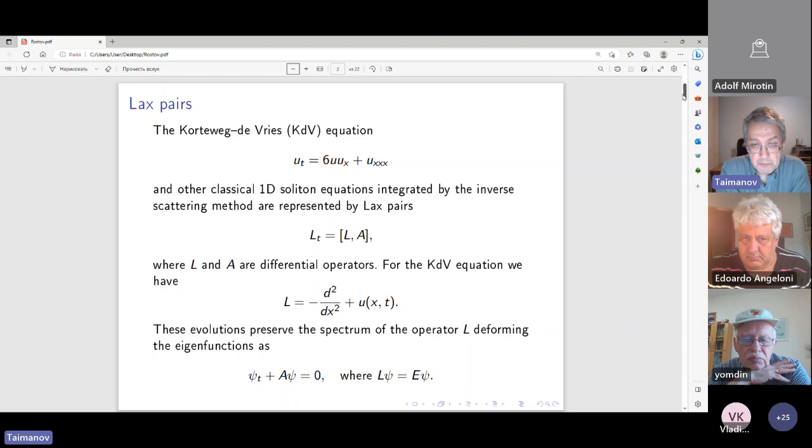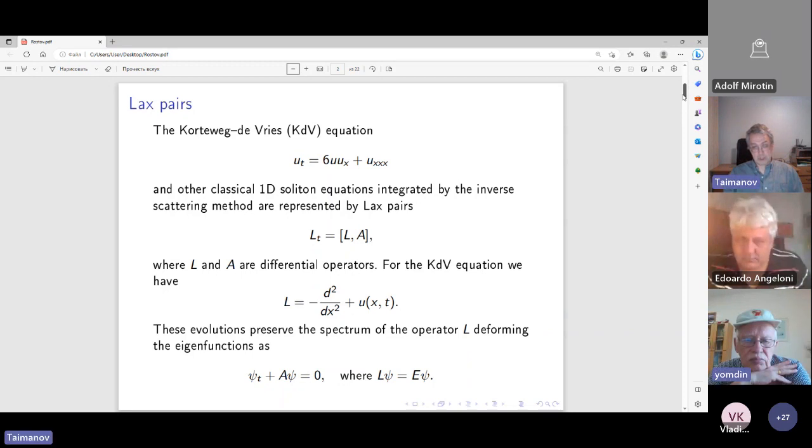Its coefficients depend on u and its derivatives, such that the commutator of L and A results in the derivative of u with respect to the temporal variable.